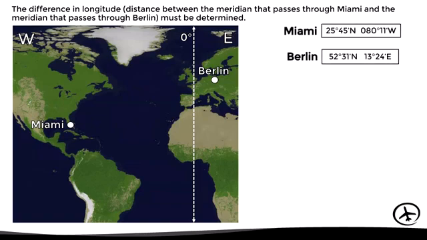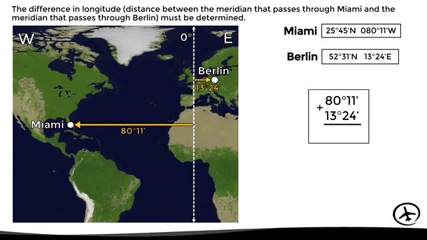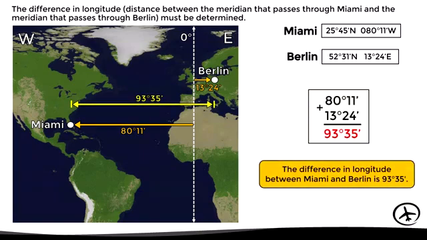So as we can see, Miami is 80 degrees and 11 minutes west of the prime meridian, while Berlin is 13 degrees and 24 minutes to the east. Now, since the points are on different hemispheres, we must add the longitudes to obtain the difference in longitude, which in this case is 93 degrees and 35 minutes.